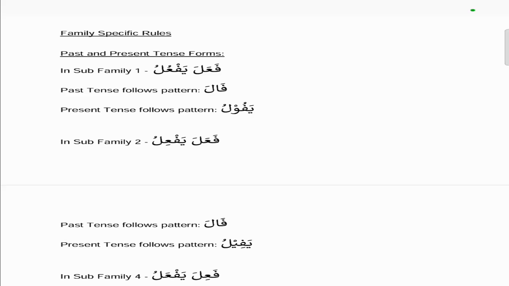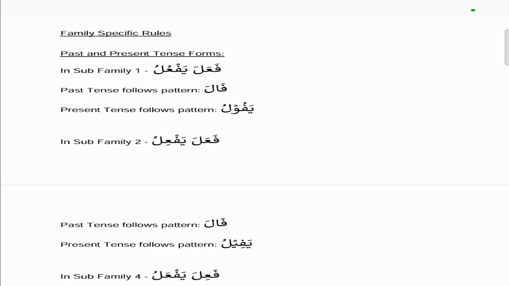One of the ways to remember that is if you look at subfamily 1, it's fa'ala yaf'ulu. The second root letter has a dhamma on it, so it's as if that dhamma becomes a wa with a sukoon in the present tense. If you remember that, it's a little bit easier. So fa'ala yaf'ulu: you can see the ain, the second root letter, has a dhamma on it, and so in the present tense it becomes a wa with the sukoon, yaf'ulu.